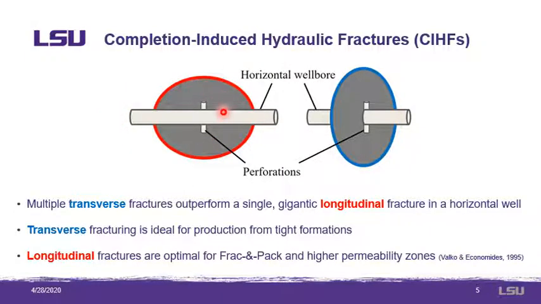And despite some exceptions, like frac and pac operations, transverse fractures on the right is what we are targeting in today's hydraulic fracture stimulation treatments. In this study, we are investigating the orientation at which those fractures are initiating right from the perforation.